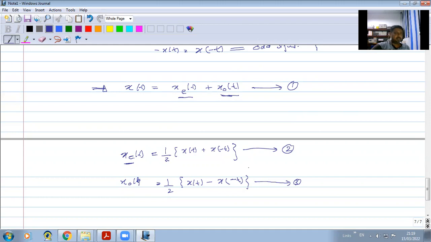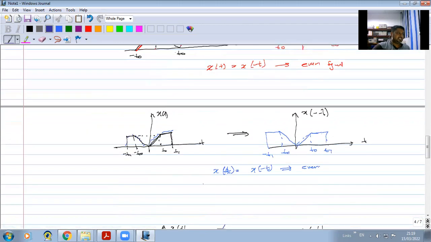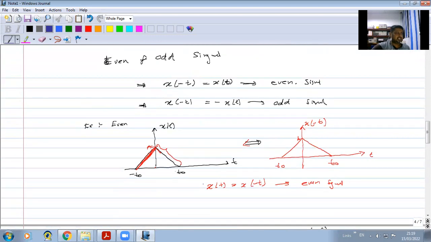So please remember these three identities, and also remember the definitions. For an even signal, x(-t) is equal to x(t): the time-reversed signal is equal to the signal itself. For an odd signal, x(-t) is equal to minus x(t). You have to keep these two definitions also.